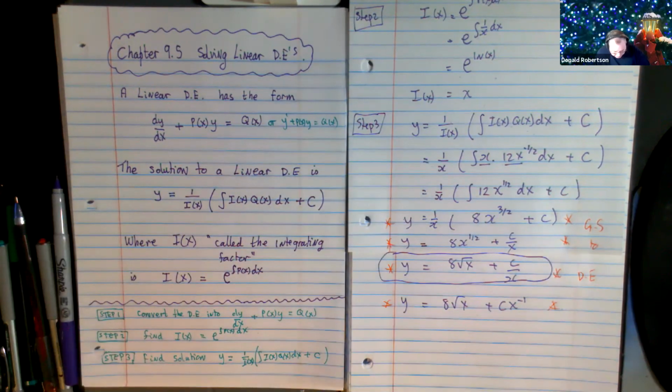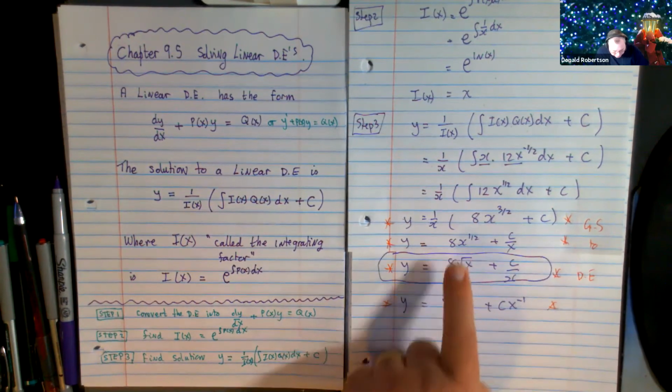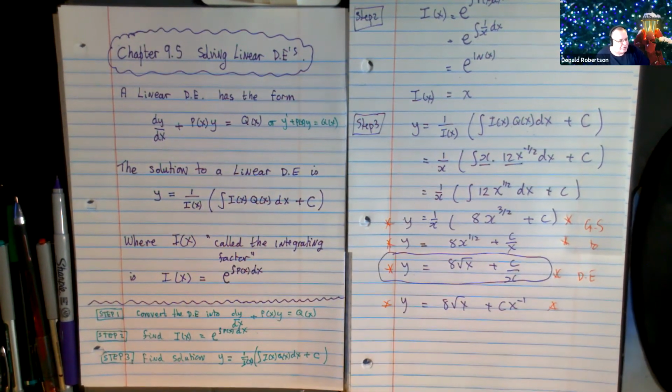Why do I like that one? Well, we haven't got it, but do you know that we're going to do questions where there's a boundary condition, where we're going to find C. And I think this form's going to make it easy when X is 4 or 2 or 17 to find out who C is. If you start using fractional powers or negative powers, doesn't it just get a little bit messier when you do the calculation?